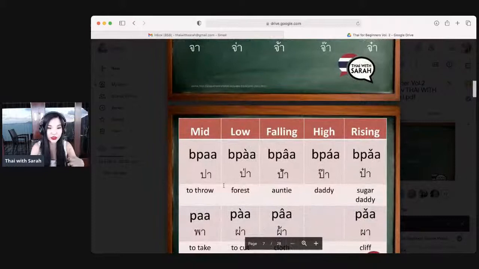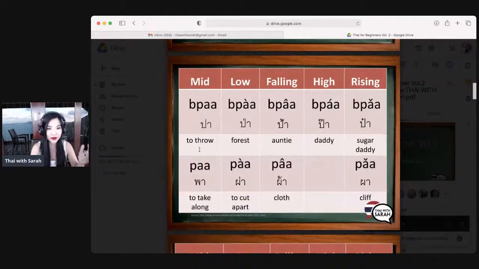Later on, we're going to do more tone work, but this time I provide the meanings too, so you can learn what those words mean. The thing about volume 2 is I include all the Thai script.